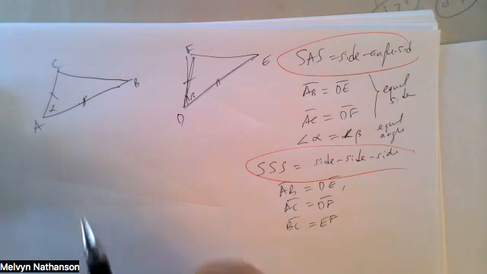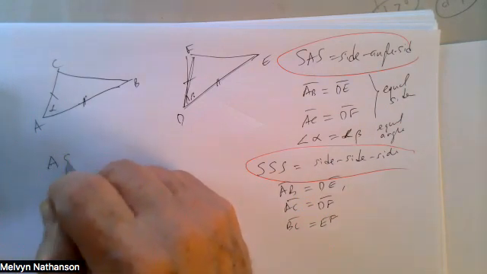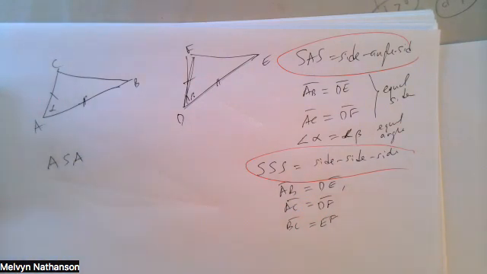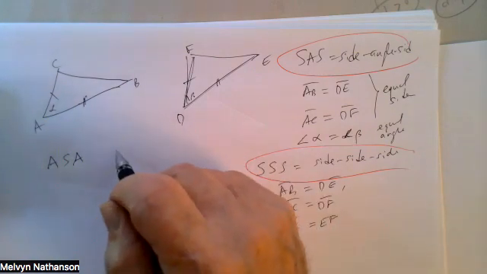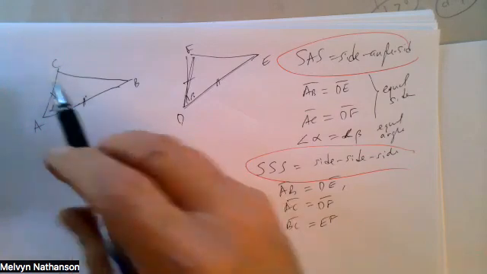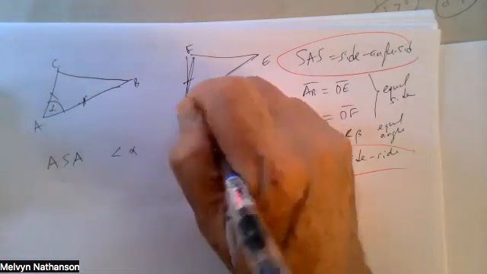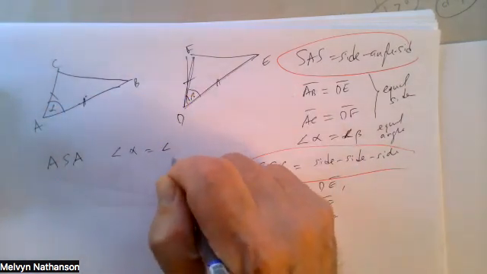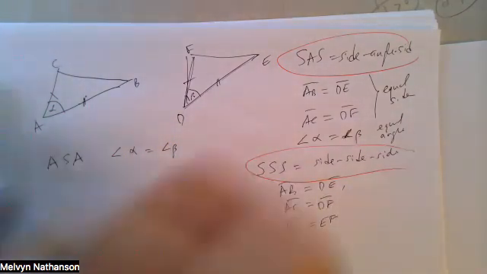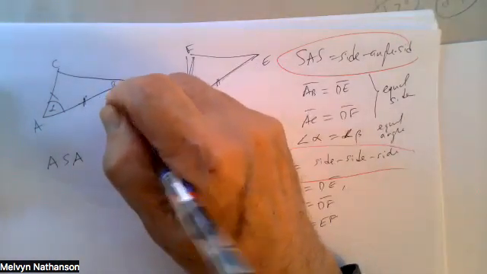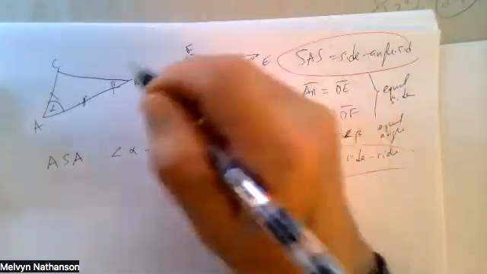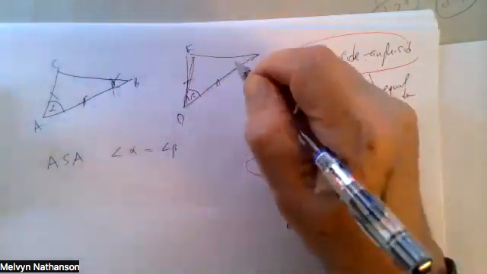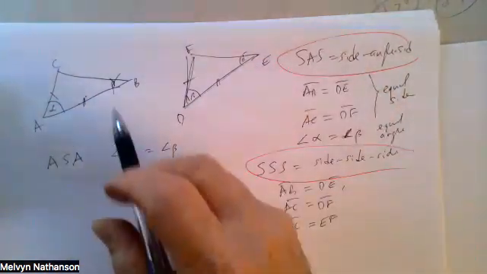We also have angle side angle. So in this case, let's say angle alpha equals angle beta. Let's call this angle gamma, and this angle delta.